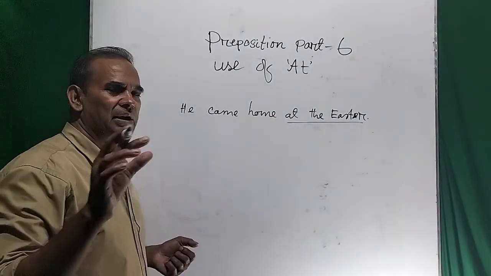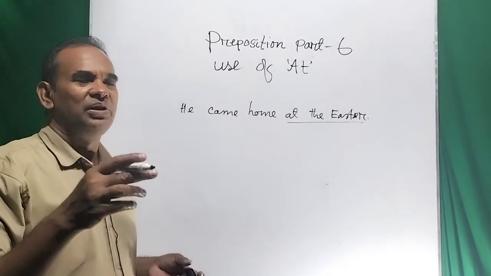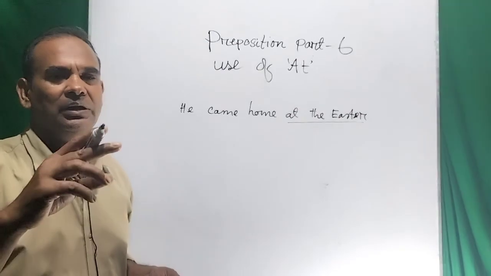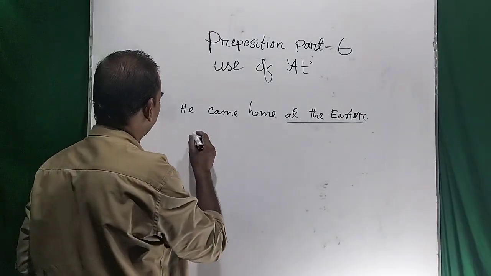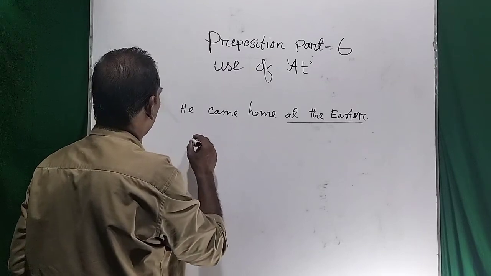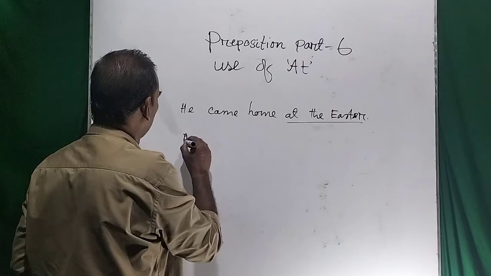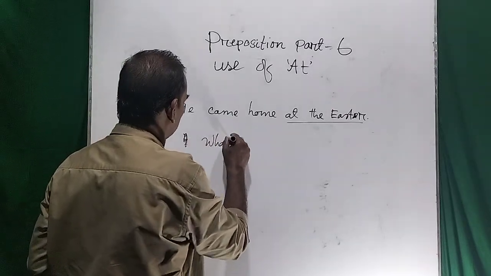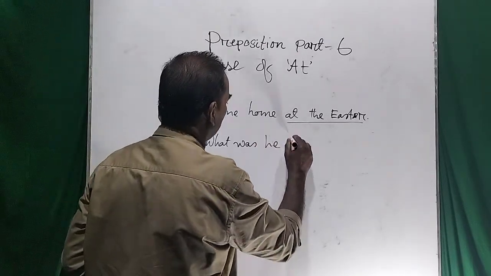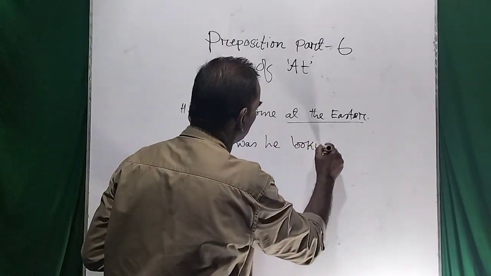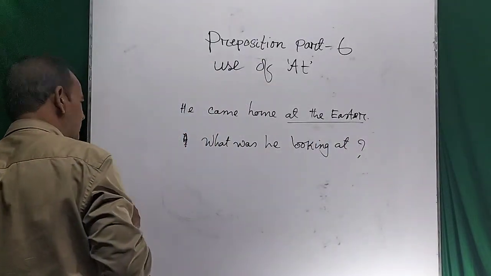But the sentences must be questions beginning with some WH word. Please take a look at this. What was he looking at? What was he looking at? Please try to understand.